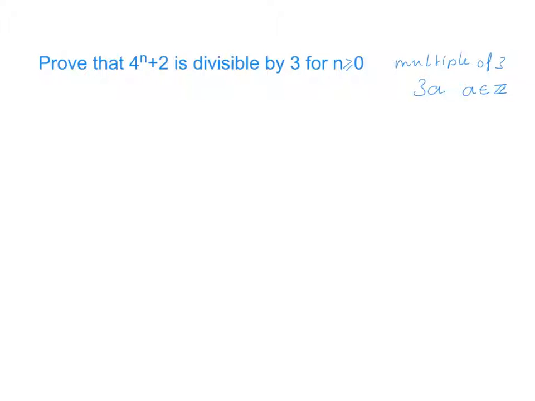That's important. Now the first step is to show that the statement is true for the smallest n possible, which is 0. So for n is 0, we have 4 to the power 0 plus 2. Now that is 1 plus 2 makes 3, which is 1 times 3, hence divisible, a multiple of 3.